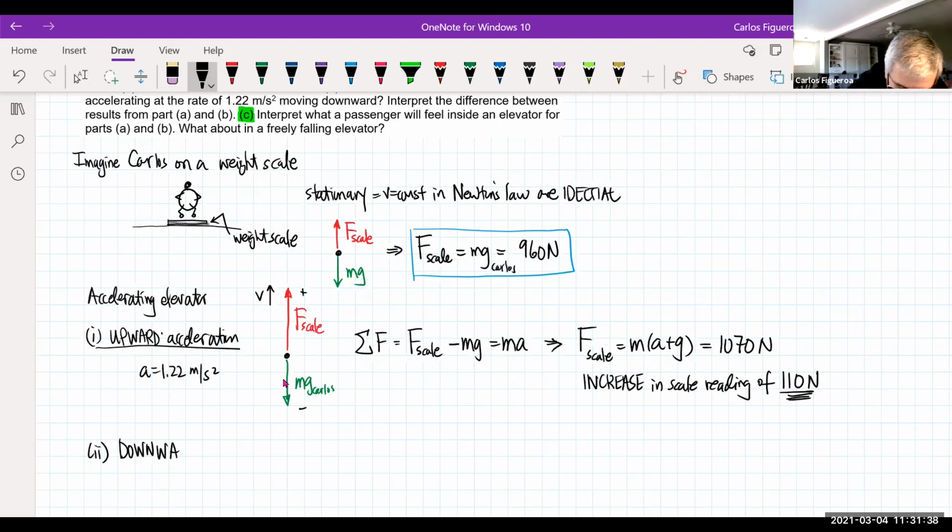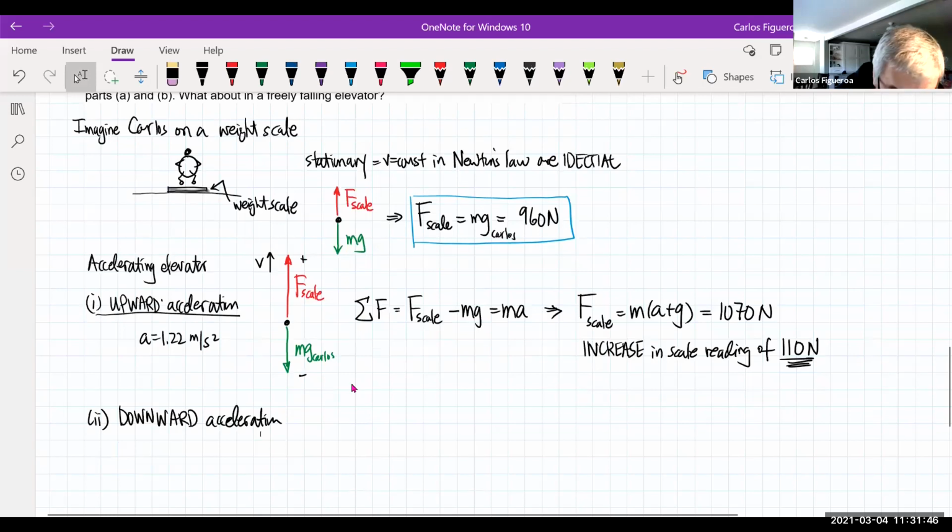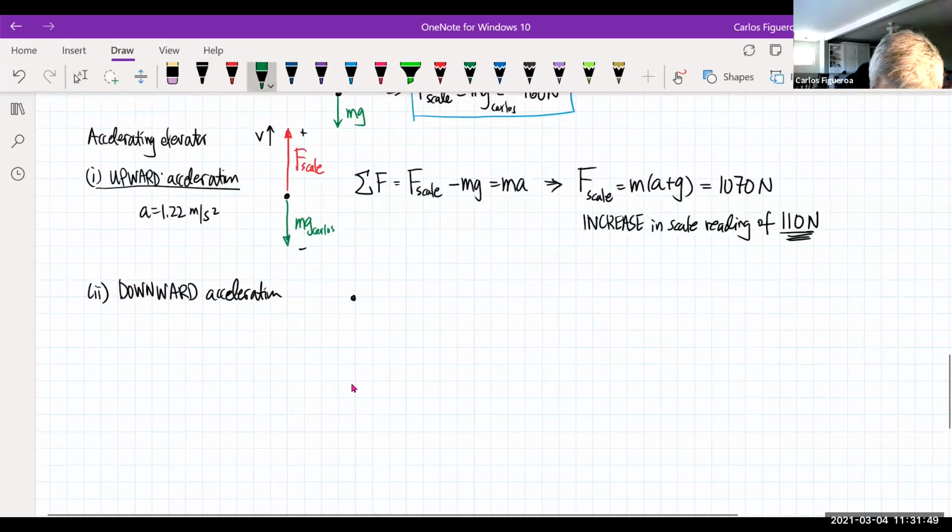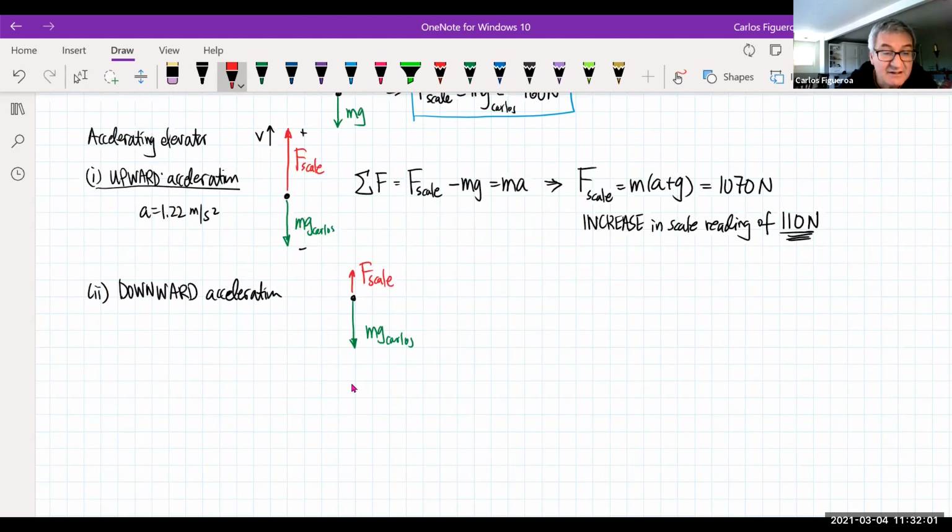And again, this is the exact acceleration as before. And what we saw here, according to our picture as before, is that this guy stays the same, but it's the force of the scale that must decrease.